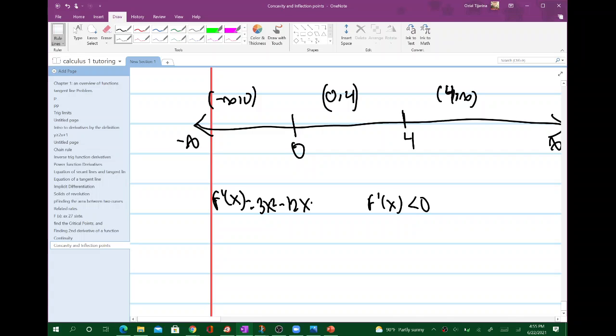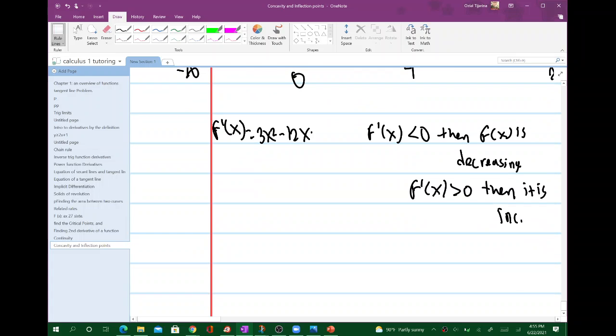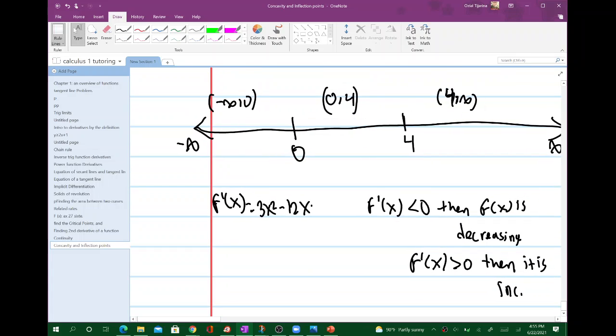If f prime of x is less than 0, then f of x is decreasing. And if f prime of x is greater than 0, then it is increasing, for whatever point we choose, right?